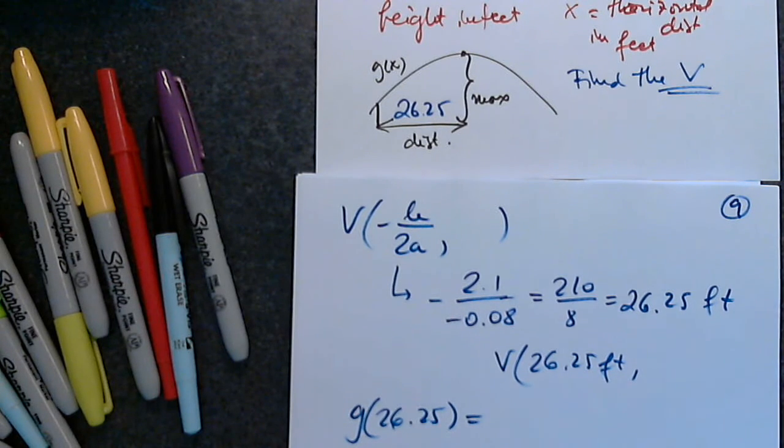So negative 0.04 multiplied by 26.25 squared, and then plus 2.1 times 26.25, and then plus 6.1. Let's see what I did. Yes, I did. I forgot to put a multiplication sign.